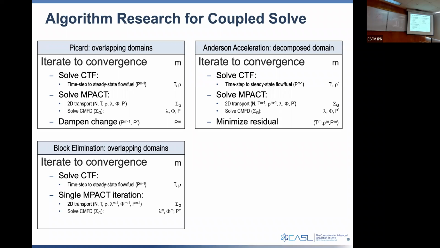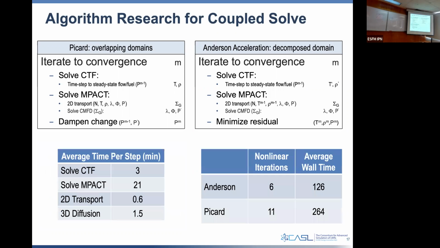But then we looked at, well, what if we did that block elimination, the one that I talked about before? The IMPACT time was still 21 minutes. So we had 1,000 processors working as hard as they could for 21 minutes, and then 3 minutes where 800 processors were just sitting around doing nothing while those 200 processors were working.